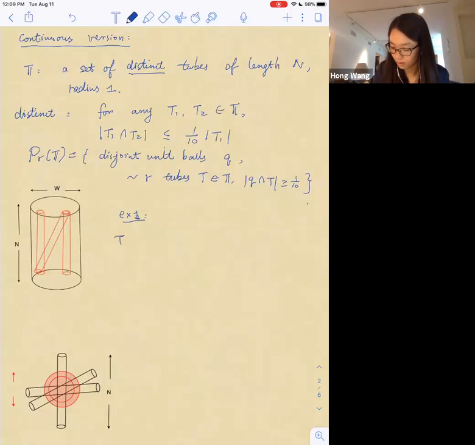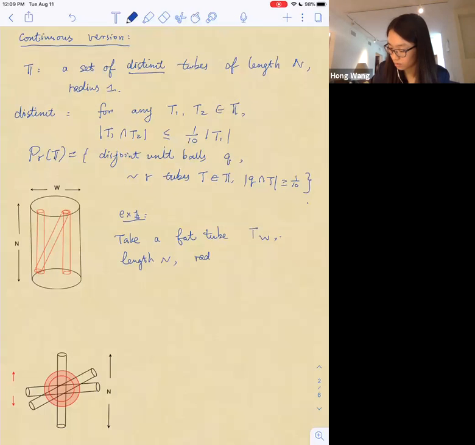We take a fat tube, T_W, of length N and radius W, and then take the set T to be all distinct tubes inside this fat tube.